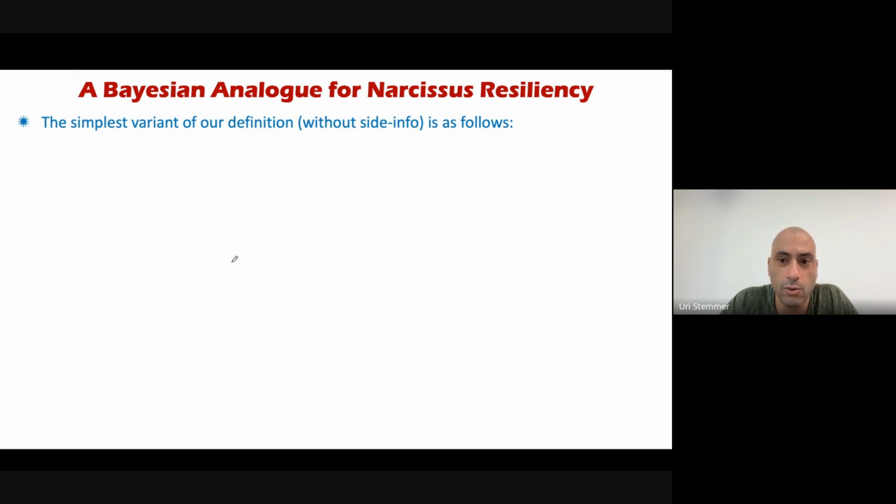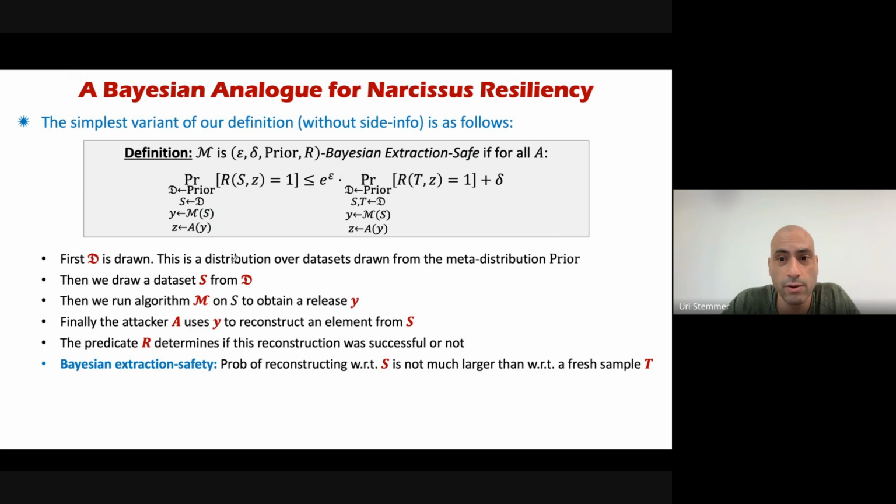Okay, so here is a simple variant of our new definition. In this simple variant, the only modification we make compared to the definition of Narcissus resiliency is that in both experiments, the data distribution D is first sampled from the meta distribution prior, and then everything continues the same.